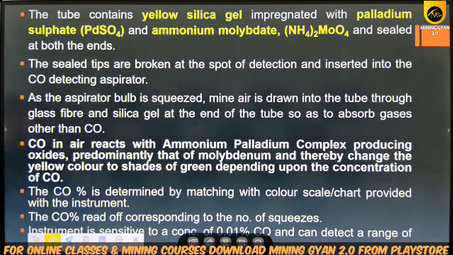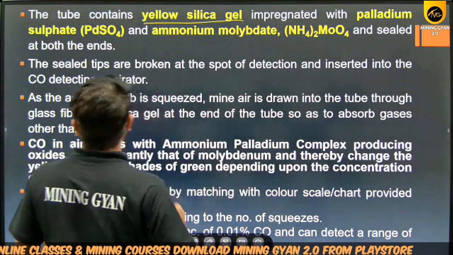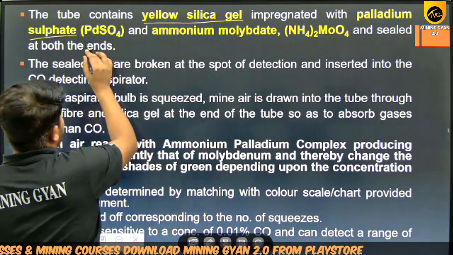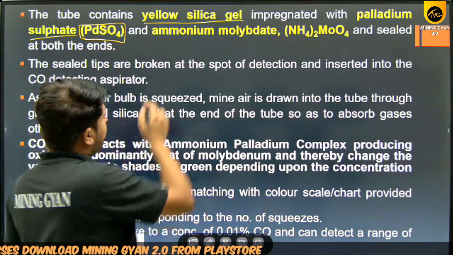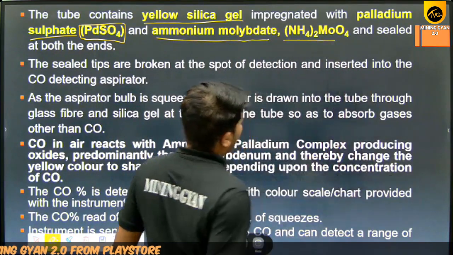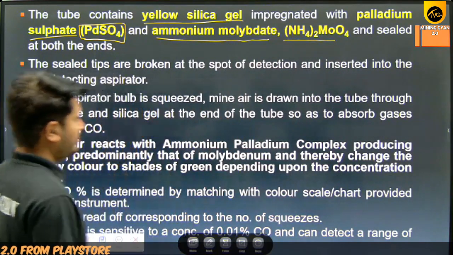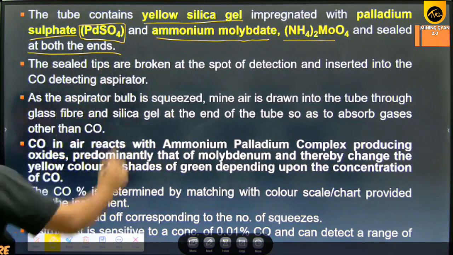These detector tubes contain yellow silica gel and palladium sulfate, that is PdSO4, and ammonium molybdate, that is (NH4)2MoO4, and it is sealed at both ends.